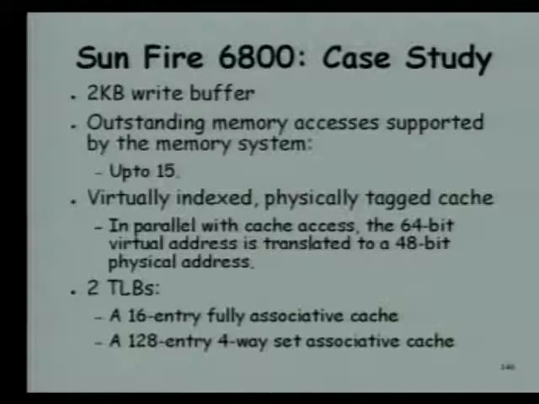So, a virtually indexed virtually tagged cache would be too complicated, and as a result a virtually indexed and physically tagged cache is used. It uses two TLBs, even though we have been so far talking about a single TLB. It uses two TLBs, a 16 entry fully associative one and a 128 entry 4-way set associative one, just to optimize the access time to the TLBs.